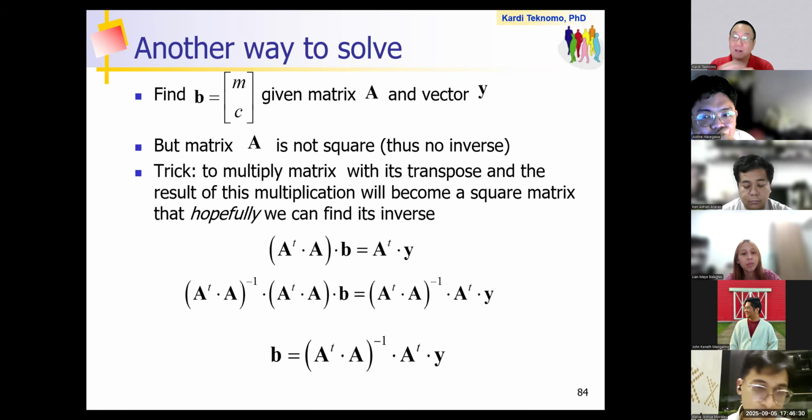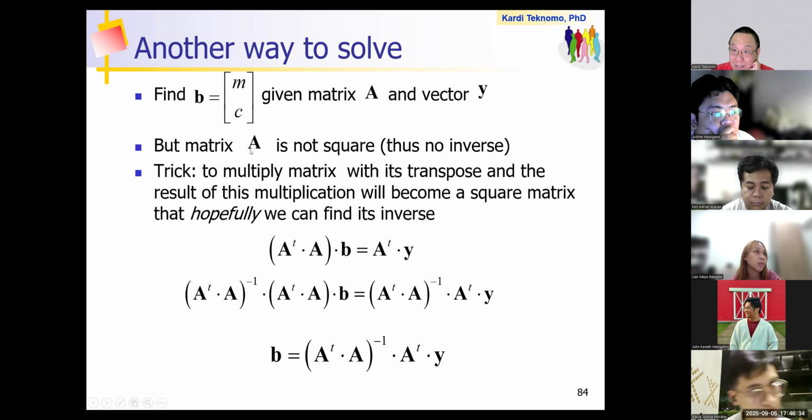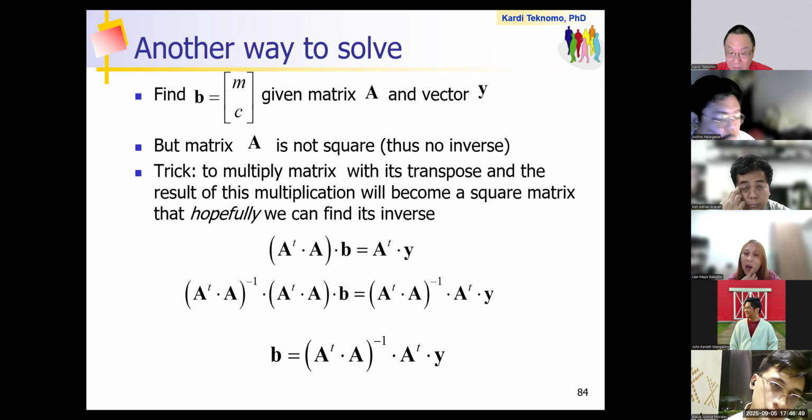We remember the matrix A here is not a square matrix. If it is a square matrix, you have an inverse, right? But your matrix is not square, so you need to get what is called the generalized inverse. Okay?